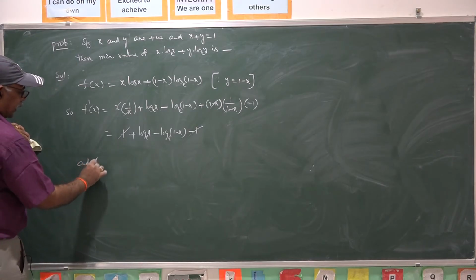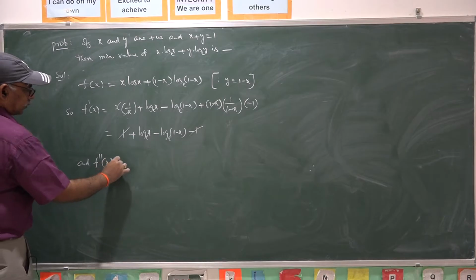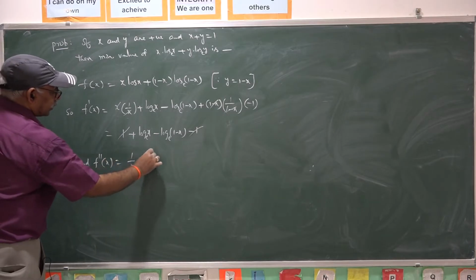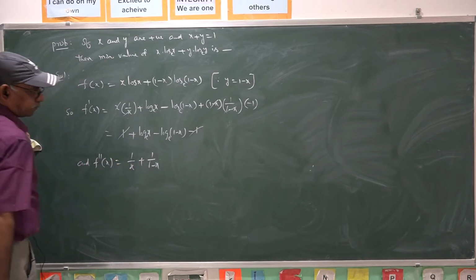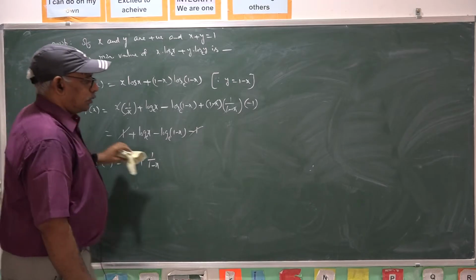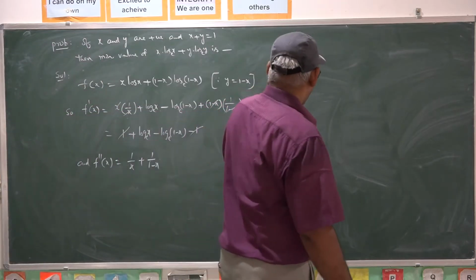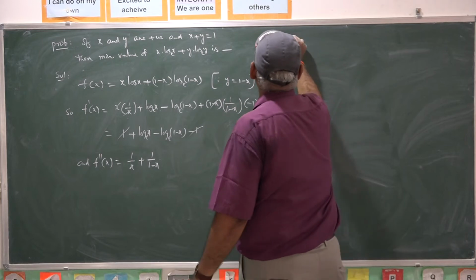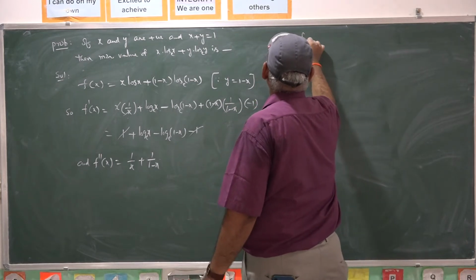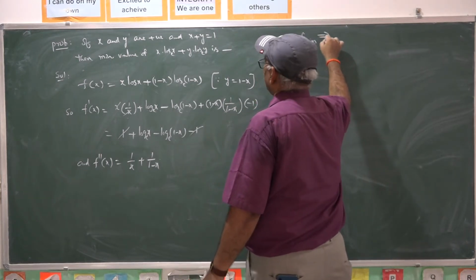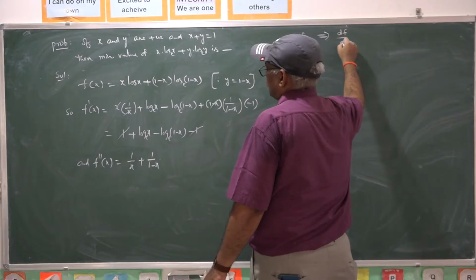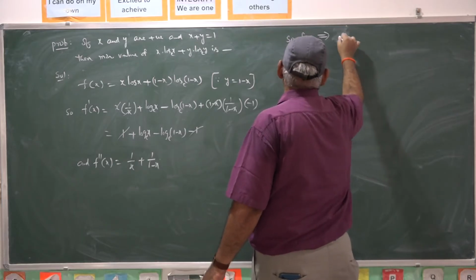And f double dash x is 1 by x plus 1 by (1 minus x). Now at the minimum value of f, f minimum implies df by dx is 0, f dash x is 0.